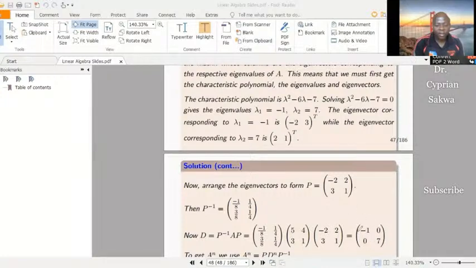What you notice is that these were the eigenvalues. This was the eigenvalue corresponding to the first eigenvector in P, and this was the eigenvalue corresponding to the second eigenvector.